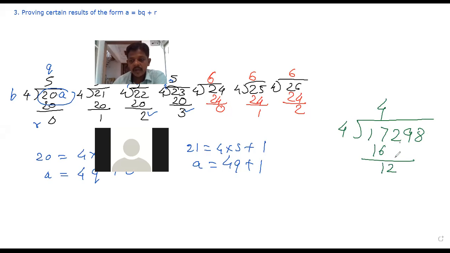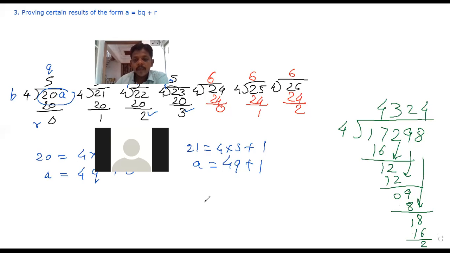Remainder is 1. Carry down 2. 4 3s are 12. Remainder is 0. Comes down 9. 4 2s are 8. Remainder is 1. Comes down 8. 4 4s are 16. Remainder is 2. So 17,298 is again 4q plus 2. Am I right?